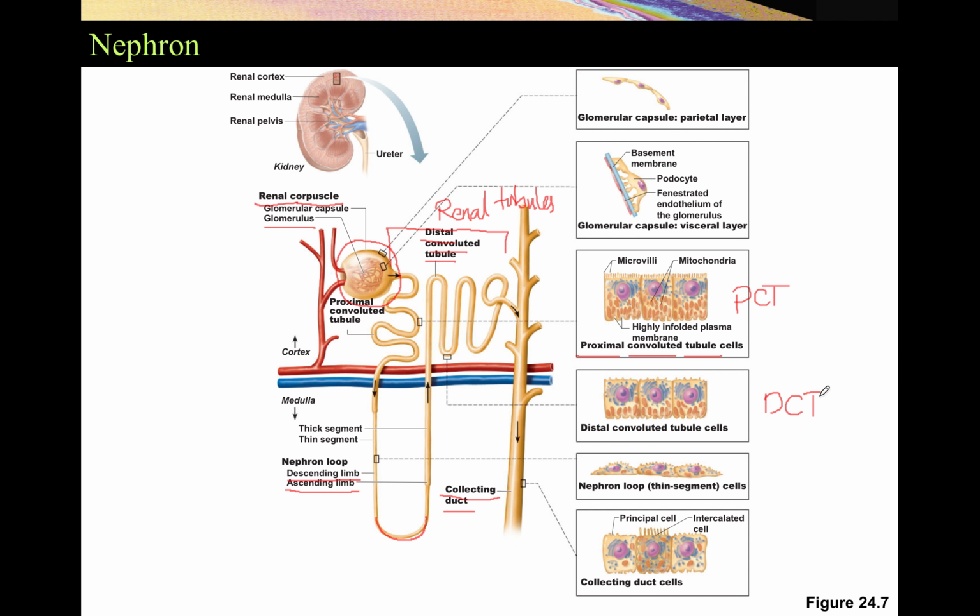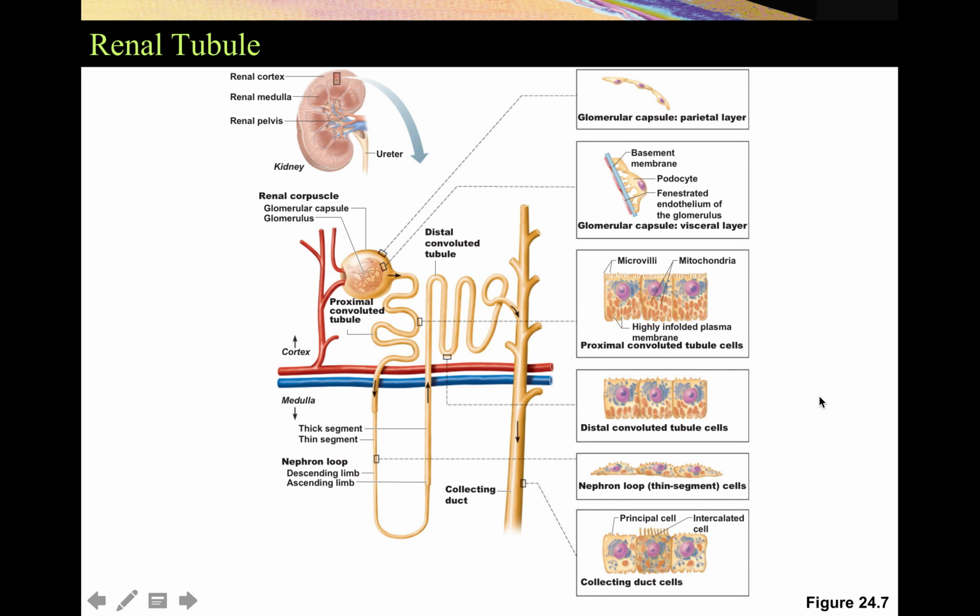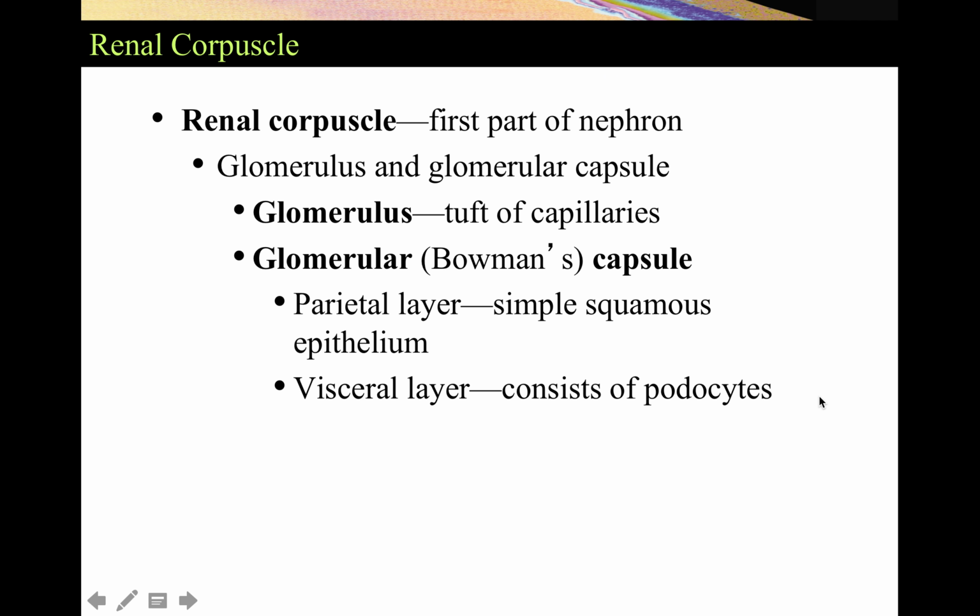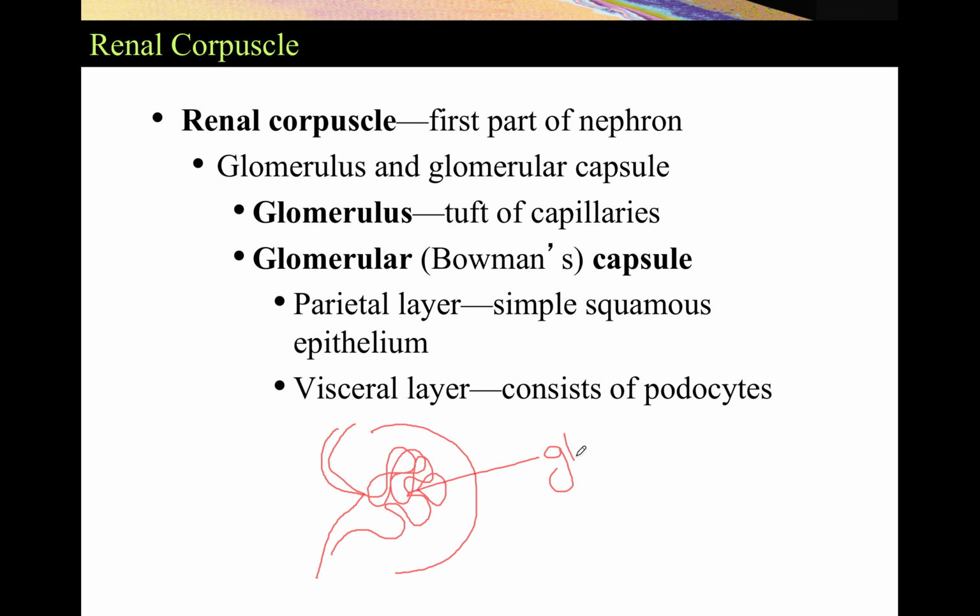So if you're looking at the structure of a nephron and breaking it down, renal corpuscle, as I mentioned earlier, is basically the circular head. You have the circular head, which is made up of a bunch of capillaries inside, and this is the capillaries that I'm drawing. The capillaries is your what?